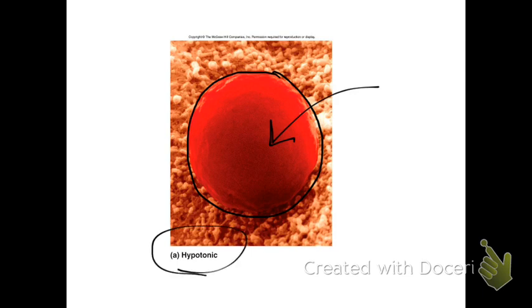But what you're going to notice as we go through the next couple of slides is that this red blood cell is perfectly round. It looks like a big old tomato, right? A big round kickball. And your red blood cells do not normally look that enlarged. So that cell has definitely taken on fluid because it was in a hypotonic environment.